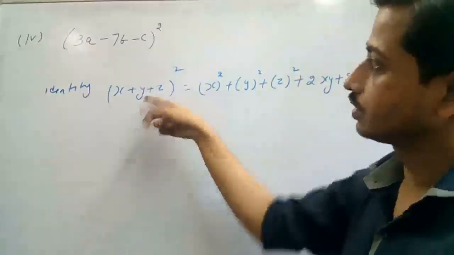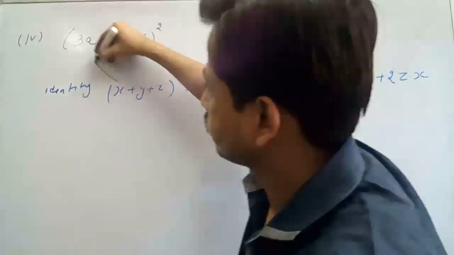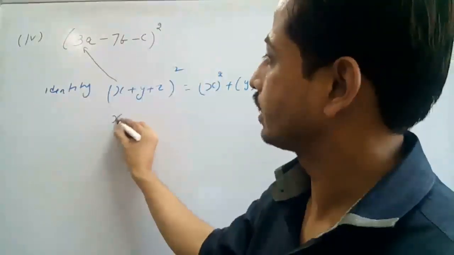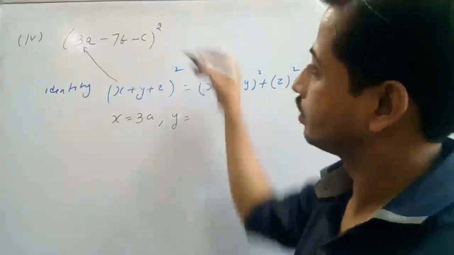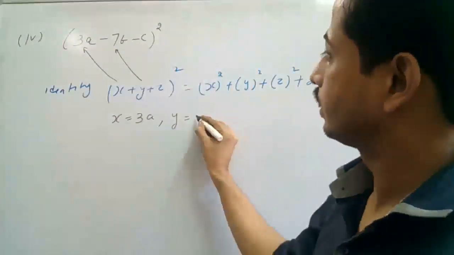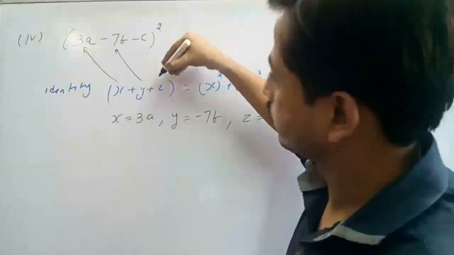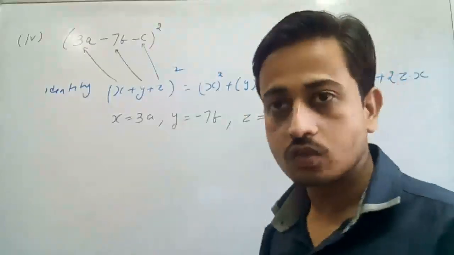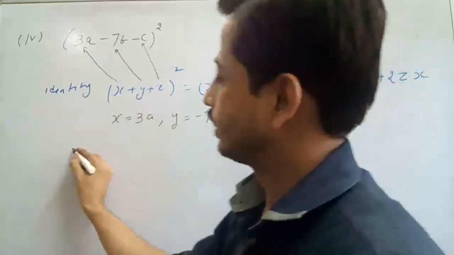Now look at the question, same. It is also the same format. What is the first term? x is equal to 3a. What is y? y is equal to minus 7b. And z is equal to minus c. Now put and solve the equation.